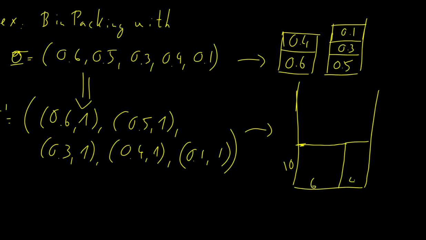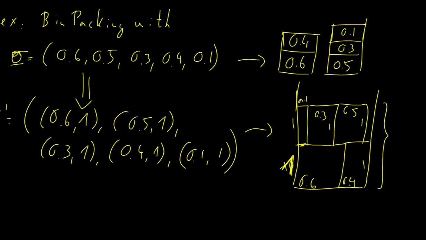And then this is the 0.4. Then you will have the second, which is 0.1 times 1, and then you will have the 0.3 times 1, and then you will have the 0.5 times 1, and you still have some space left, but here the height is 2, and here again the number of bins is 2 as well.